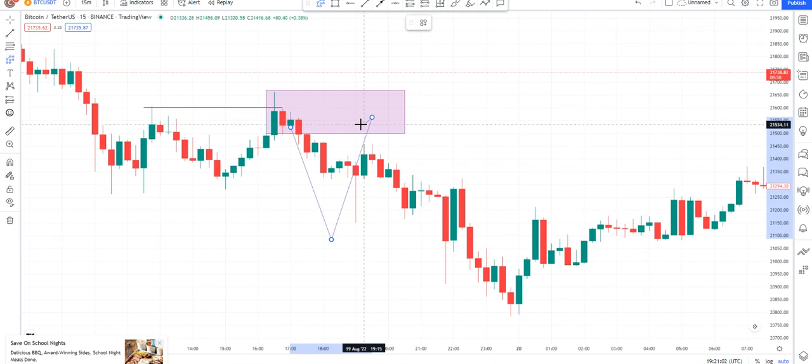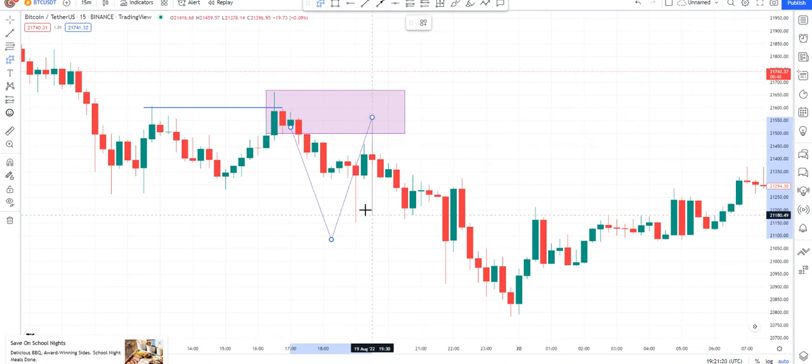Mitigation means that it goes back to balance that area out. It goes back to equilibrium of the range, goes back in there and touches it, so it mitigates it.